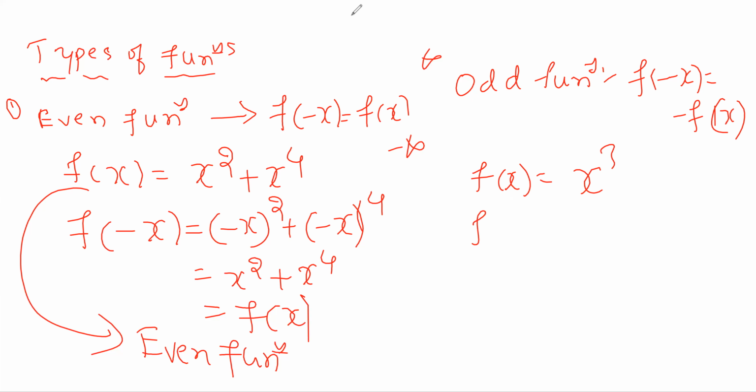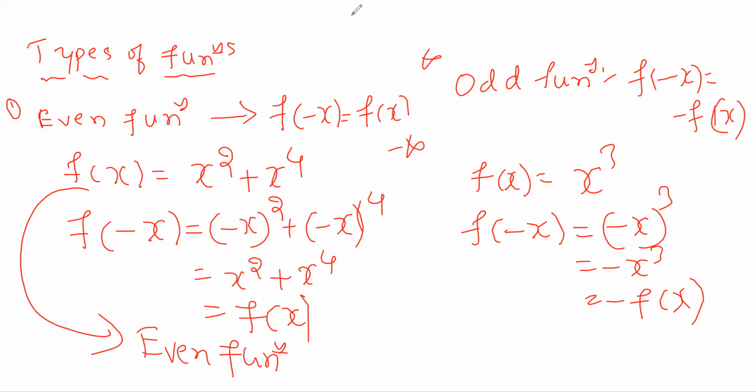If you replace x by minus x, then it will be minus x whole cube, which equals minus x cube. We know x cube is f of x, so it will equal minus f of x. So this is the best example for an odd function. In general, any polynomial which has odd powers, we can call it an odd function. Is it clear?